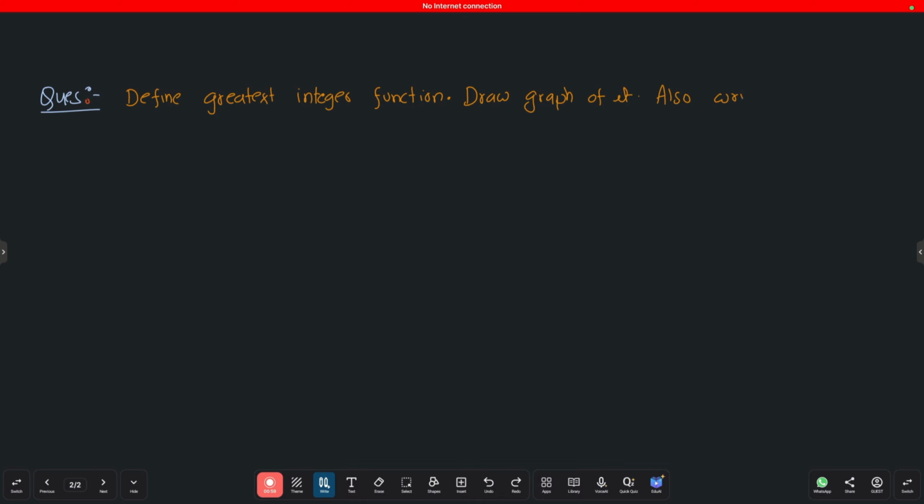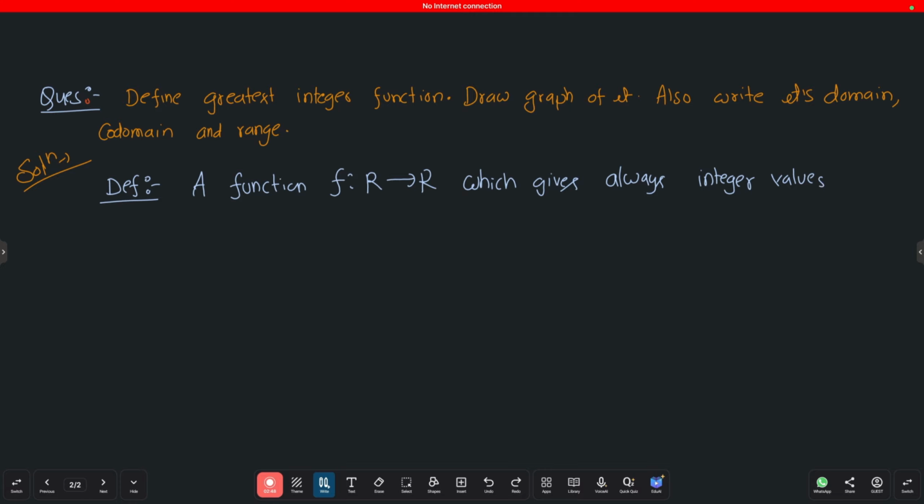First definition. A function f from R to R which gives always integer values, but less than or equal to the input value.